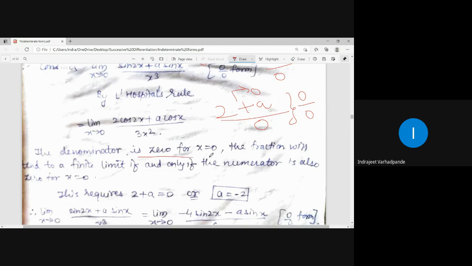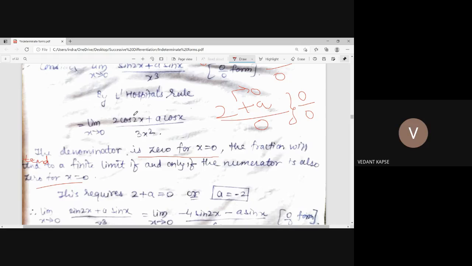The denominator is 0 for x equal to 0, and the fraction will tend to a finite limit if and only if the numerator is also 0, because unless it is 0 by 0 form, I cannot find the value of the limit. And for 0 by 0 form, the numerator should also tend to 0. Clear?